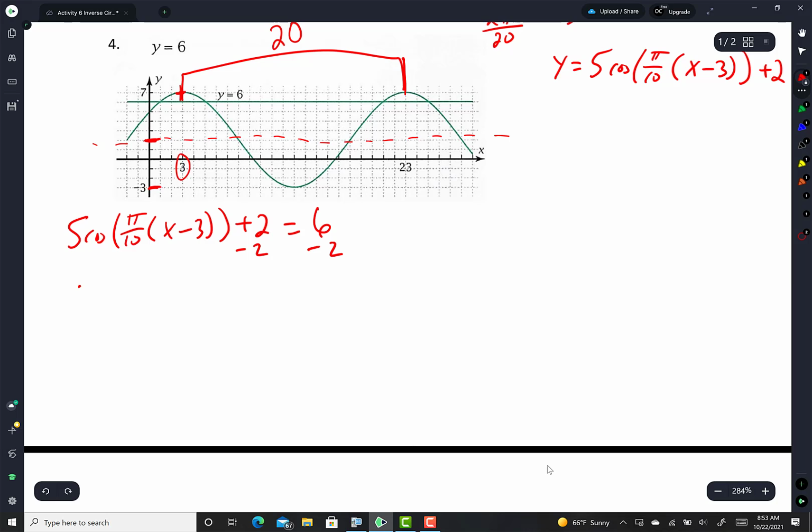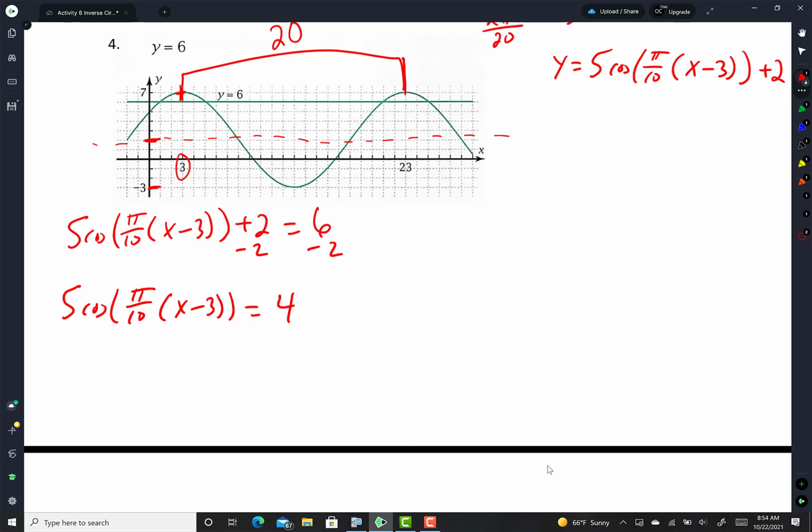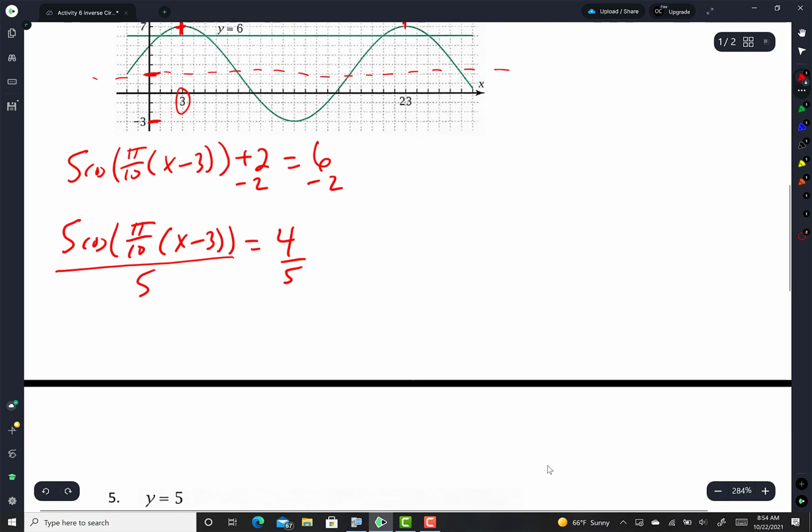So here we go. 5 cosine of pi over 10 times (x minus 3) equals 4. Now I do what? Divide by 5. So I'm going to have cosine of pi over 10 times (x minus 3) equals 4/5.